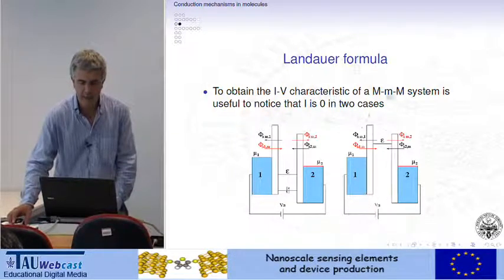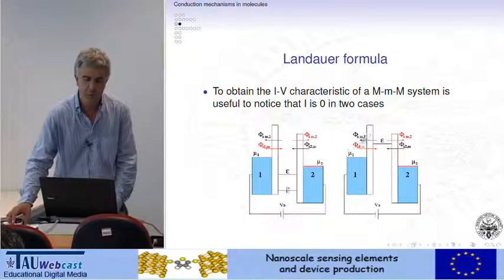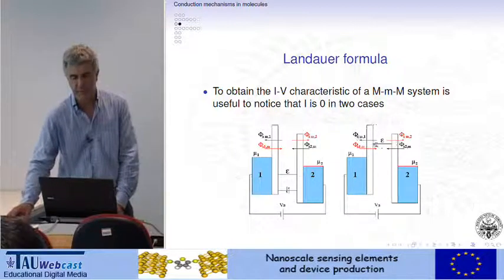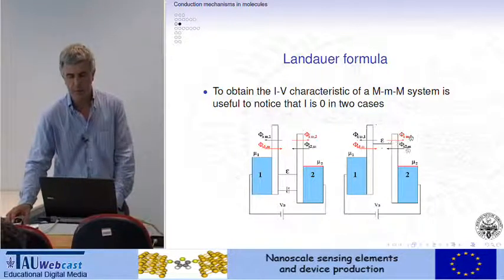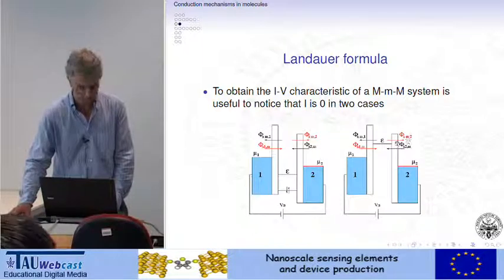Now the molecular level is up above the Fermi level of the metal electrodes. And again, you know that the Fermi distribution, just a few milli-electron volts above the Fermi level, is 0 at room temperature. So again, F1 of E on the left and F1 of E on the right will be exactly 0. So 0 minus 0, again, the current should be null.